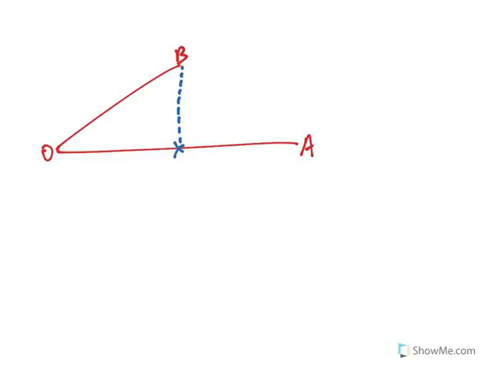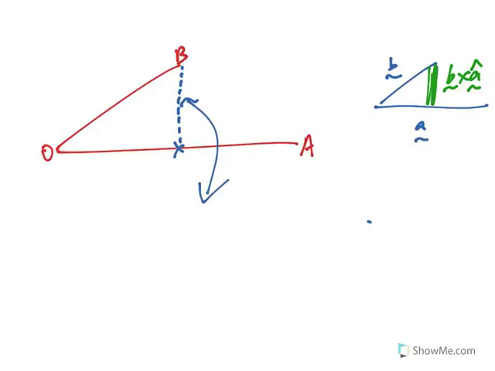Still remember, in the past, if this is B and this is A, what is this portion? The green portion is just B times A hat. Similarly here, for this vector, we're just going to take OB times OA hat. But we cannot write OA hat, this is not presentable, so let's write it this way.